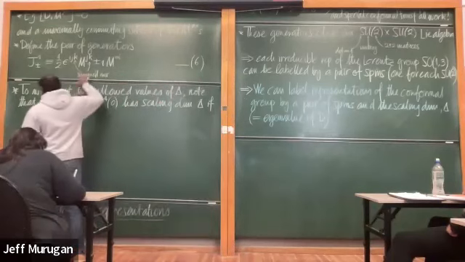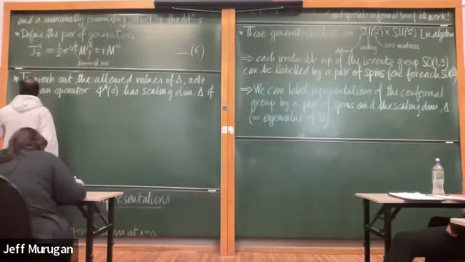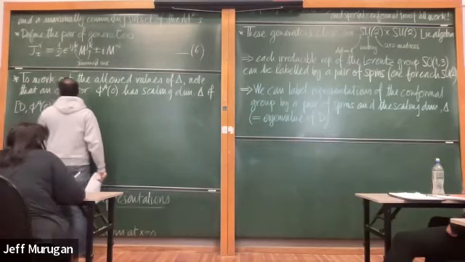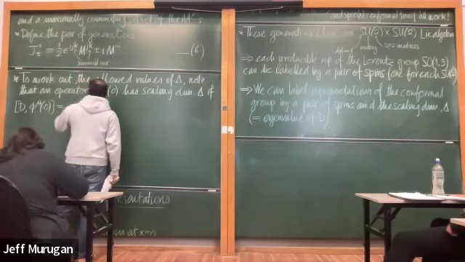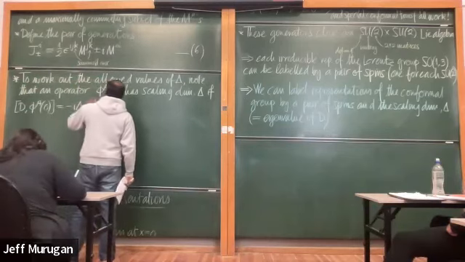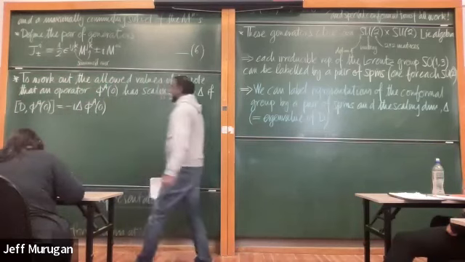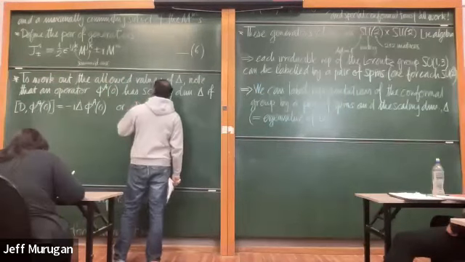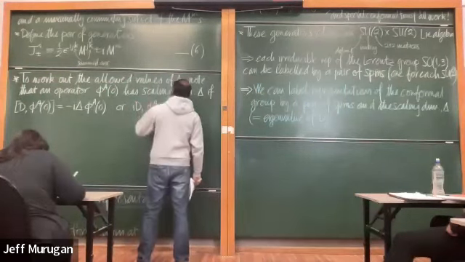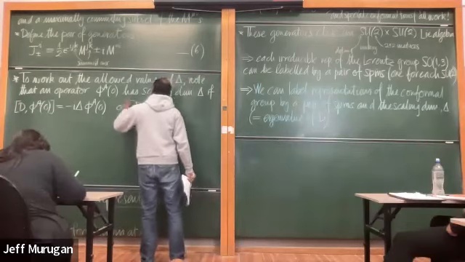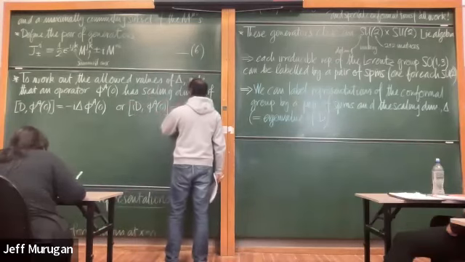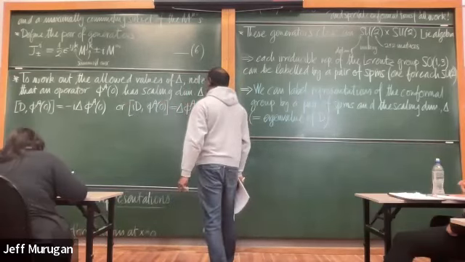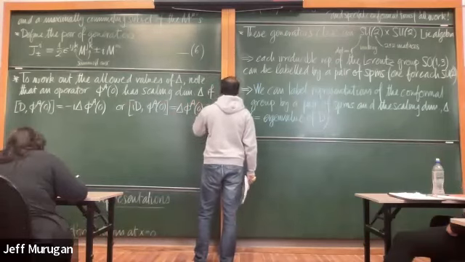if D acting on phi A of 0 is minus i delta phi A of 0, or equivalently, I D acting on phi A of naught is delta phi A. Right.